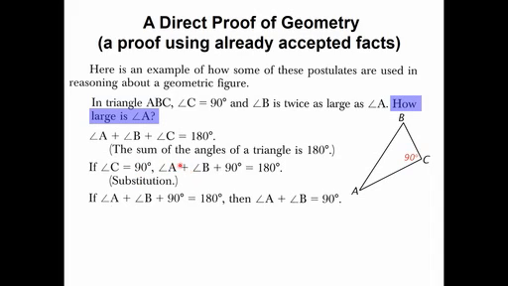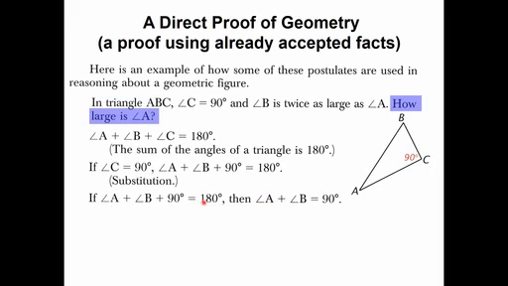Now we go on. We're going to take that conclusion that we had here and make it our new what? If hypothesis, correct. So if A plus B plus 90 is 180, then A plus B equals 90. So you've got to say, how did I get from this to this? I always mentally draw a line here, or physically on paper, and ask how is the left side of the equation different on these two?